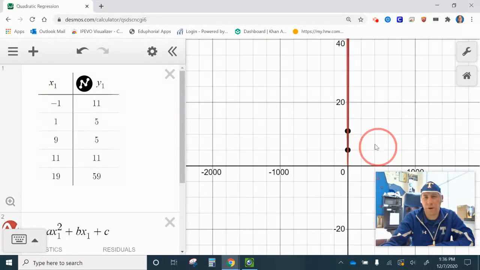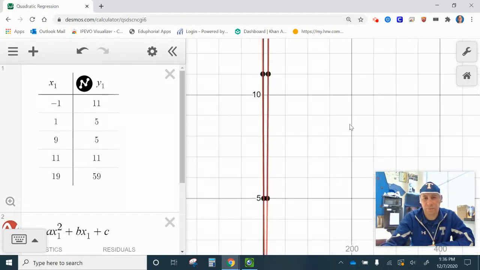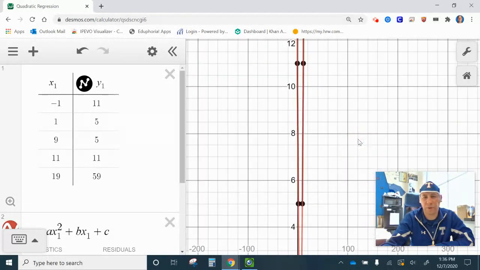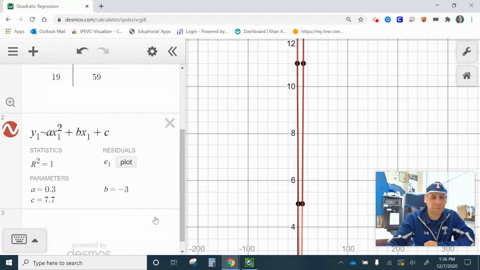Now if you zoom out and zoom in, it takes some adjustments, but you can see that our points are fitting to the equation. Now in step 2, we're going to use the ax squared plus bx plus c. We have our a, b, and c values.